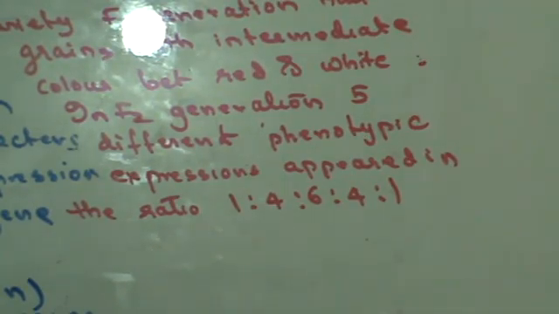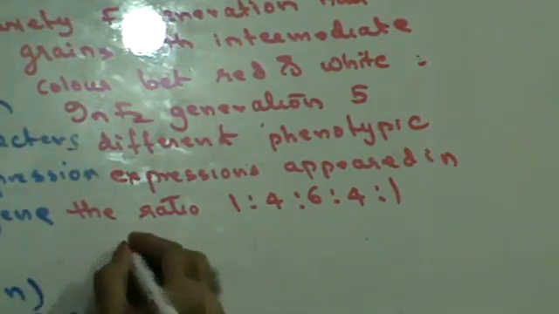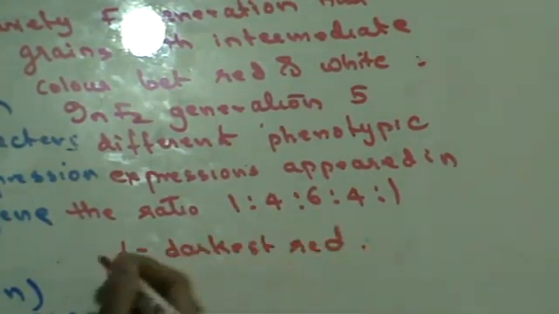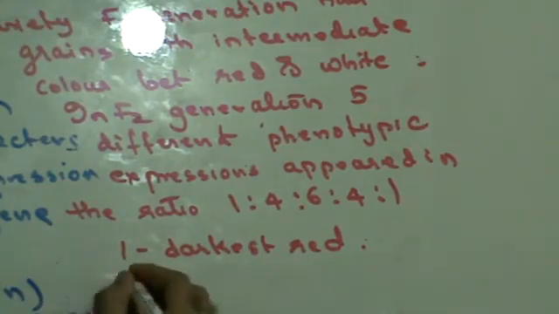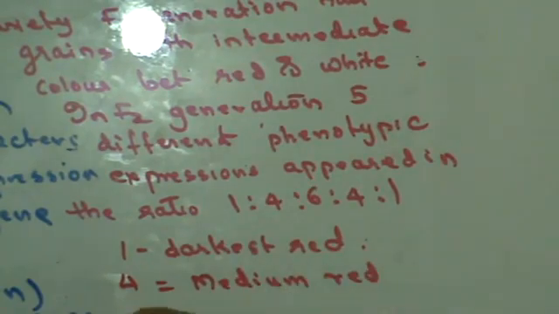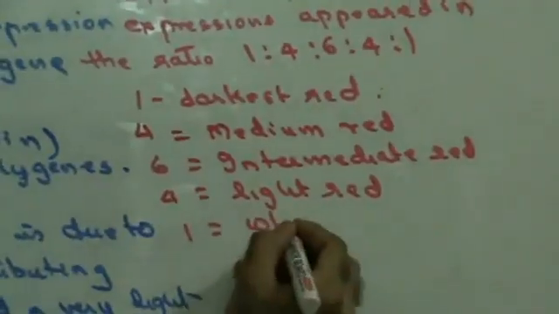Now the gradation of the wheat color was from the first one, the darkest red, then the 4 was medium red, the 6 was intermediate red, then you had the next 4 that was light red, and the last one was white.